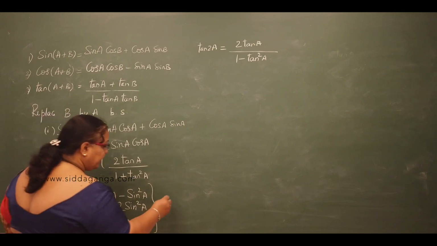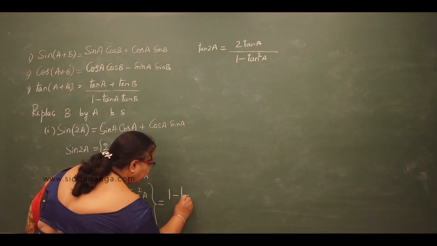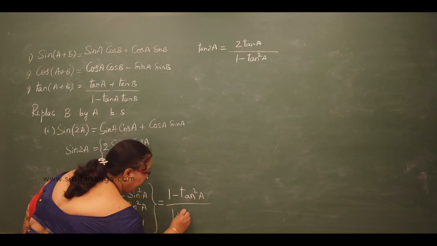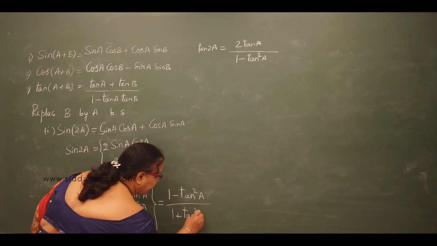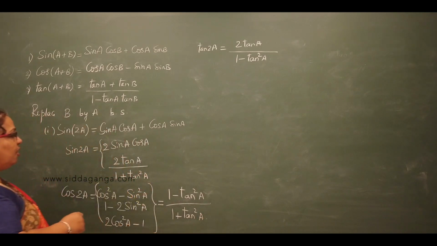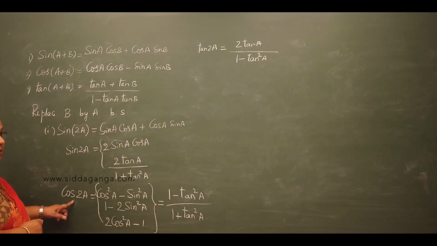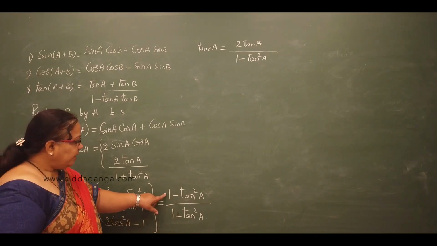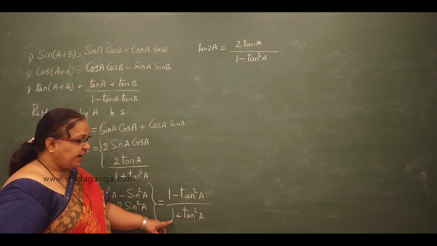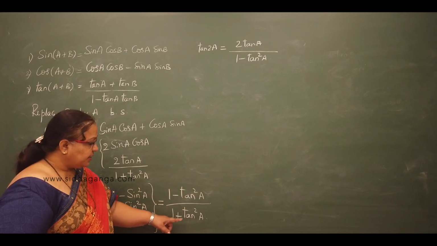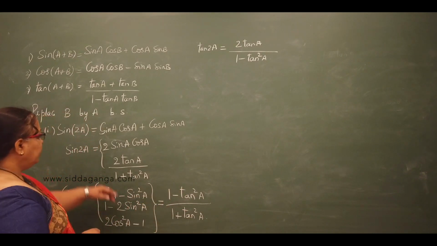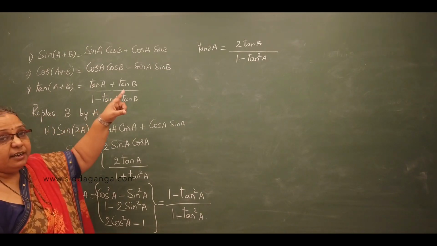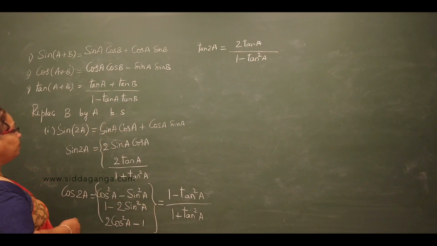Then we get 1 minus tan square A divided by 1 plus tan square A. That is cos 2A only in terms of the tan ratio. That gives the sine 2A, cos 2A and tan 2A results.